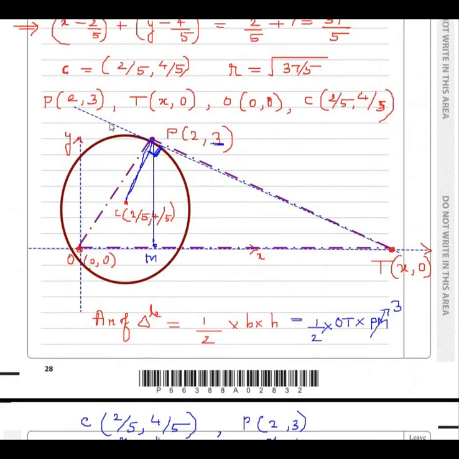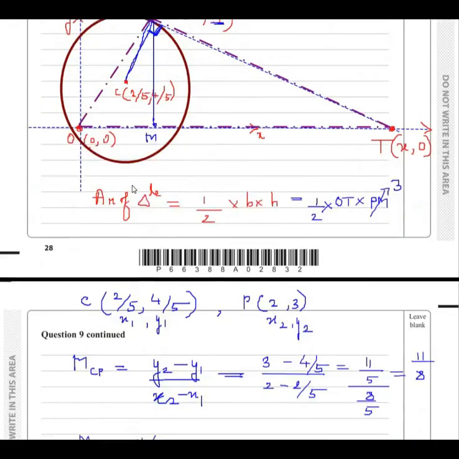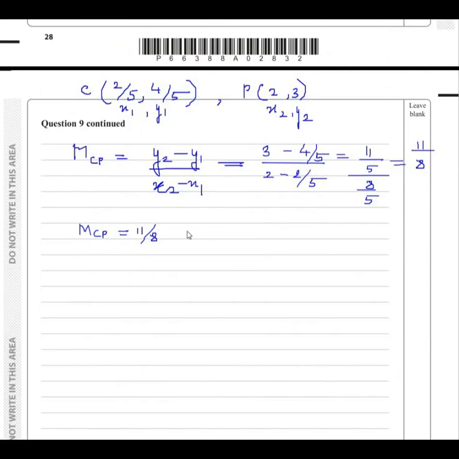But we know that the tangent is perpendicular to the line CP. This is from the condition we have learned earlier: if two lines are perpendicular to each other, then the product of their slopes equals -1.